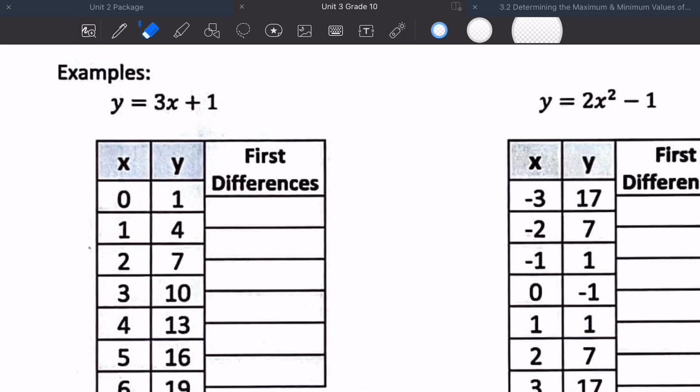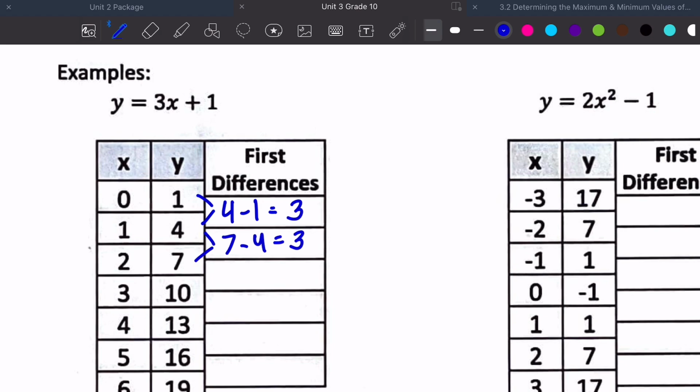So Fetty, you already see something. I'll start from the top. If I do 4 minus 1, we always do the bottom minus the top to see what the difference was. That looks like 3. Same thing here. 7 minus 4 is 3. 10 minus 7, 3.